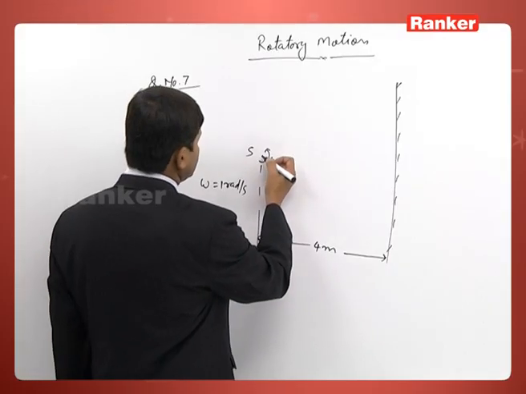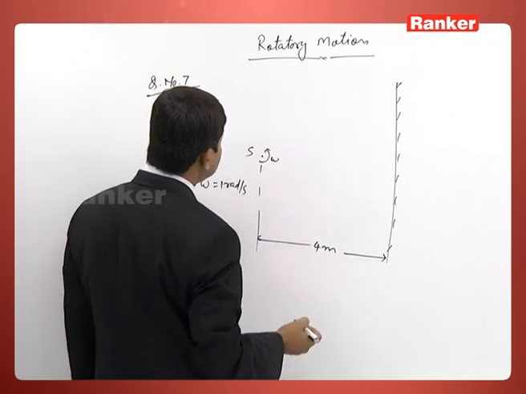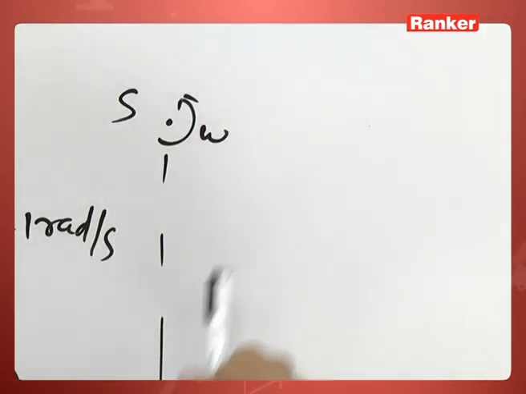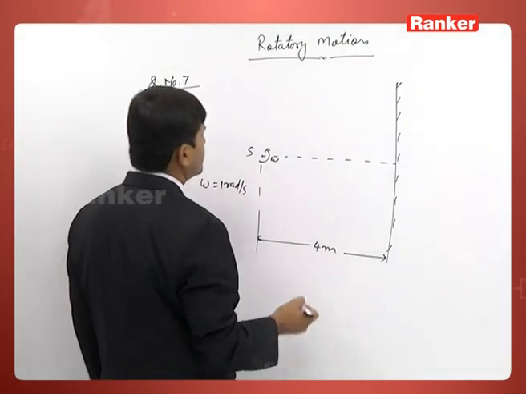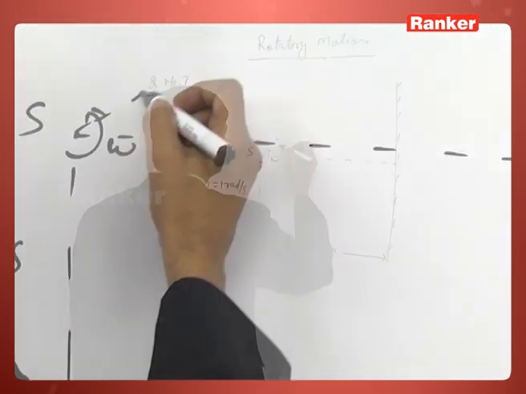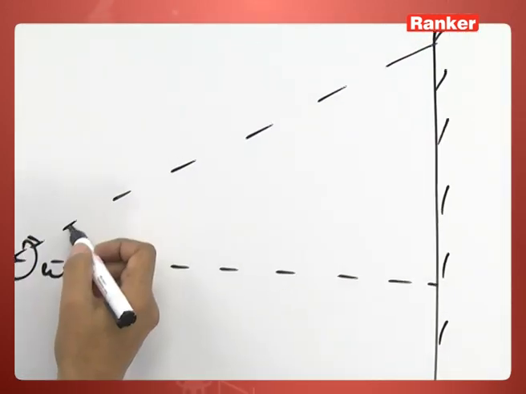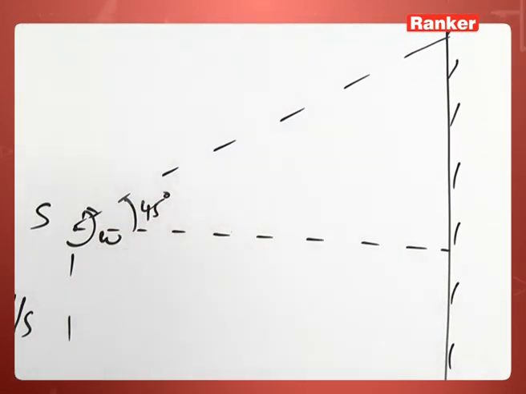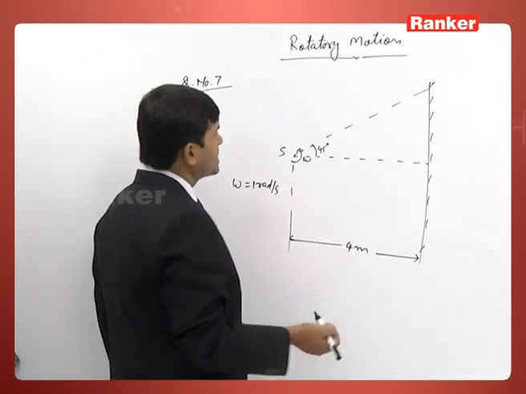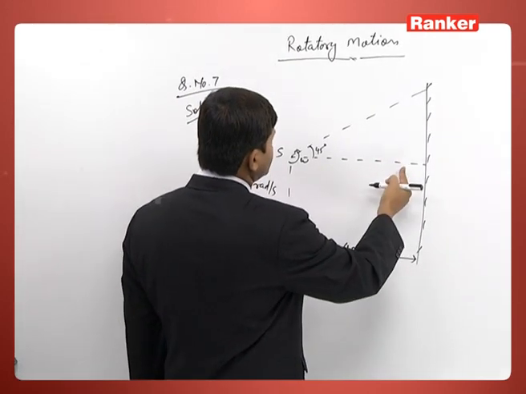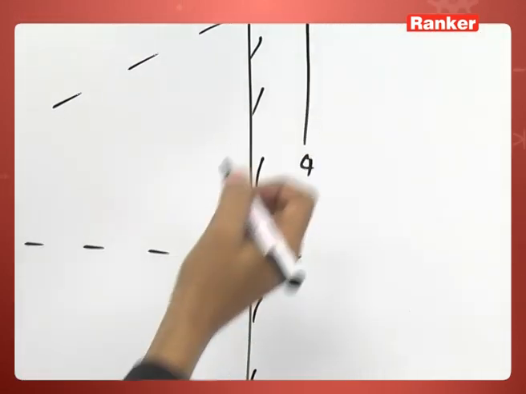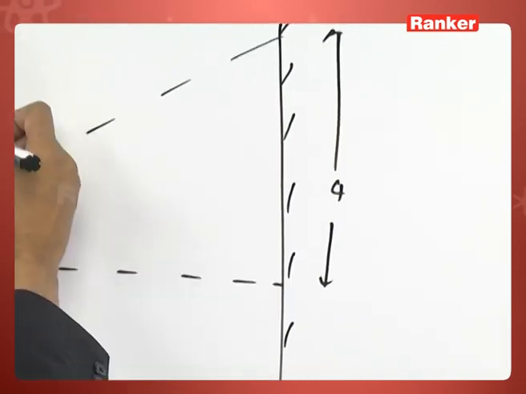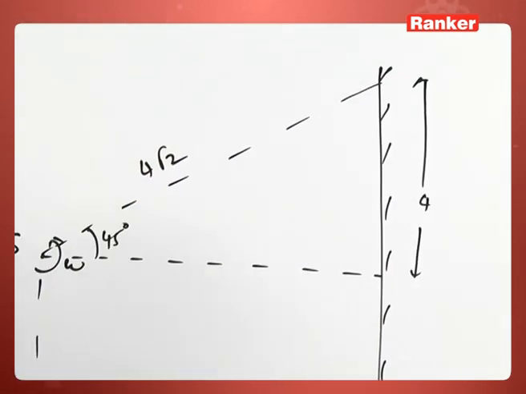Now as the spot moves, just see the vertical wall, and when the spot makes an angle of 45 degrees with the wall at this time, this is your 4 given here, so this is also 4. So this distance will be 4 root 2.